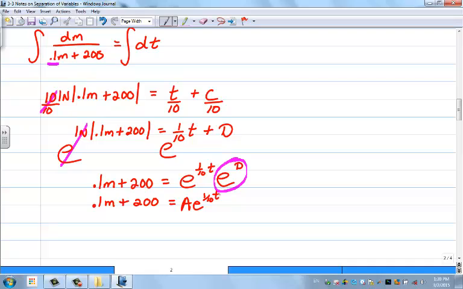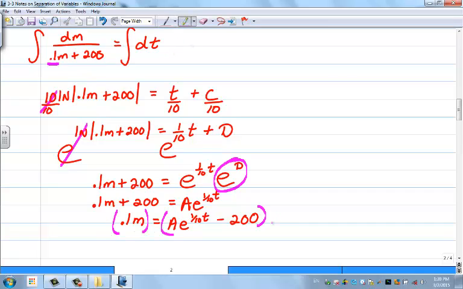So first thing I'm going to do is subtract 200 from both sides, so I'll get 0.1 m is equal to a e to the 1/10 t minus 200. And then to get rid of the 0.1, we multiply the whole equation by 10, right?